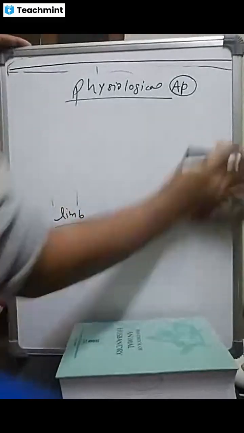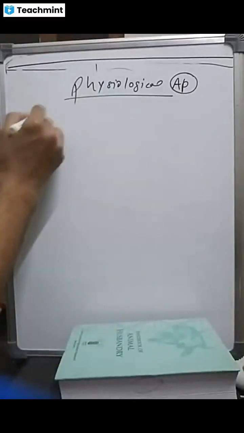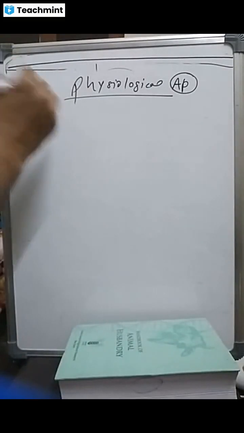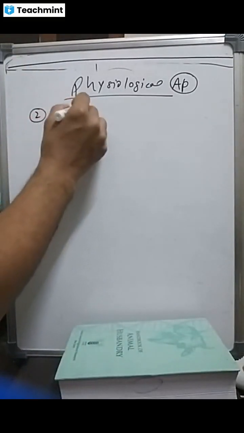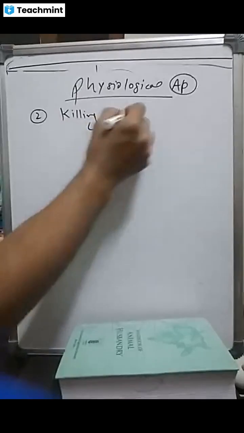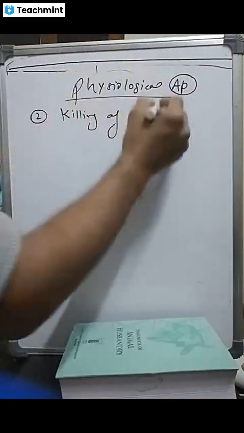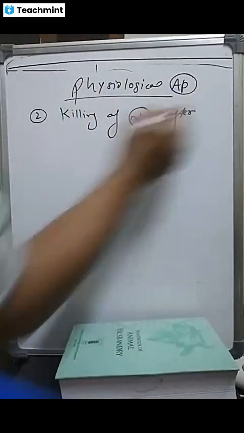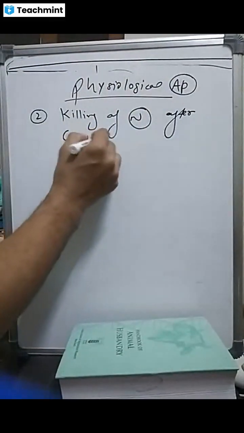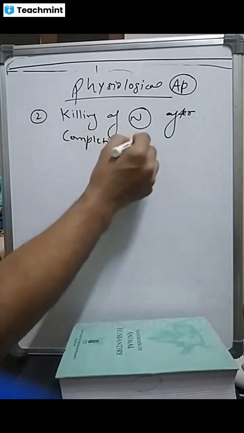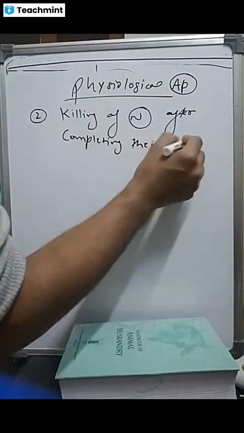The second example, the best example of physiological apoptosis, is killing of neutrophil after completing their function.